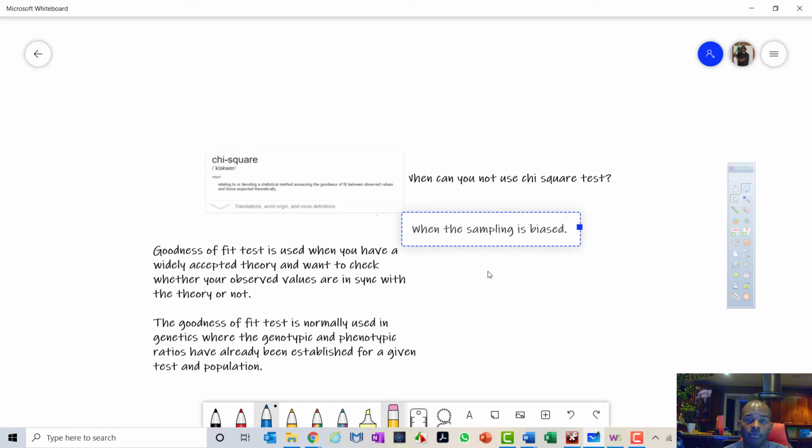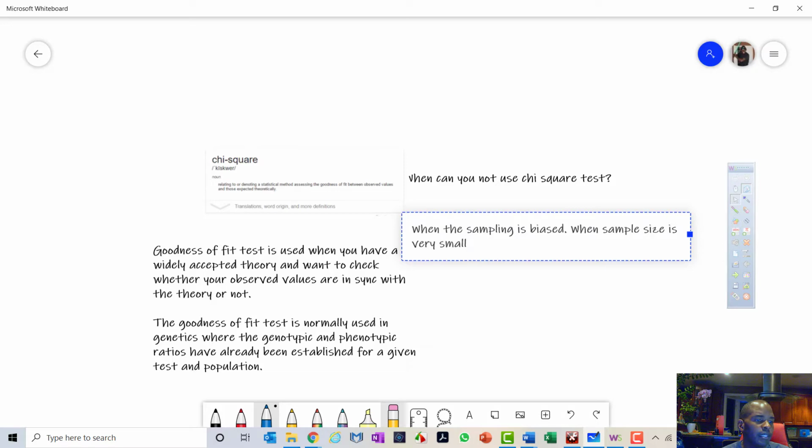The sample cannot be biased. Also, generally speaking, we run the Chi-Square test when the sample size is large. If the sample size is large, the Chi-Square test works nicely. If it's small, typically less than 50, there's a lot of random errors that can really sway the data. So you have to be careful.